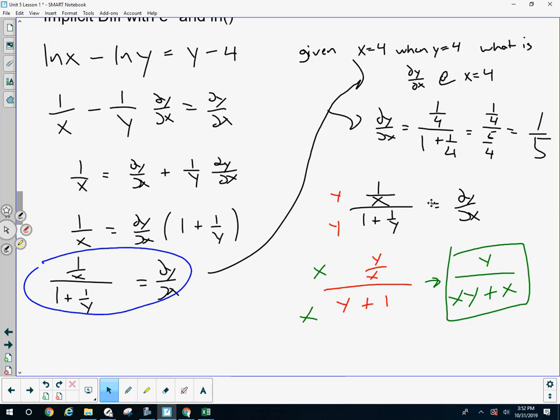You might need to simplify when you have fractions inside of fractions. I've seen on the AP test, they don't like fractions inside of fractions. They like you to simplify that. So be ready to do that. Do they like decimals? I don't know, sometimes. All right.